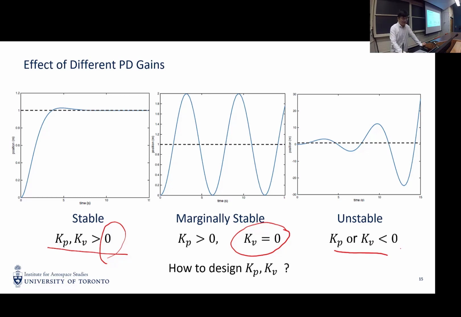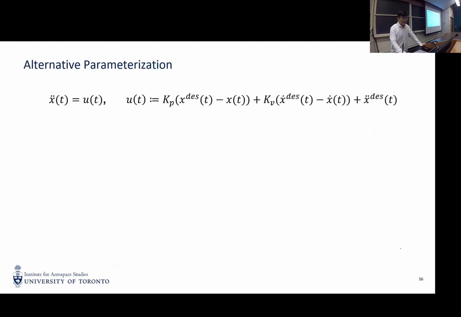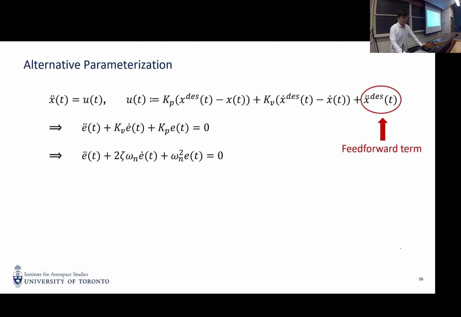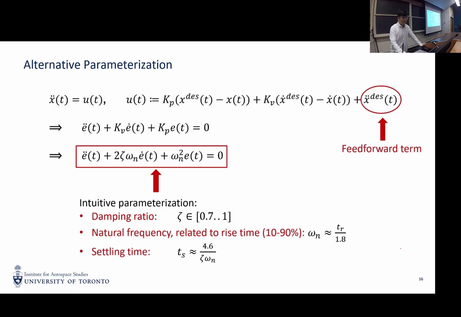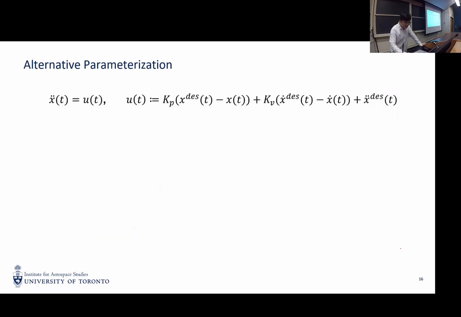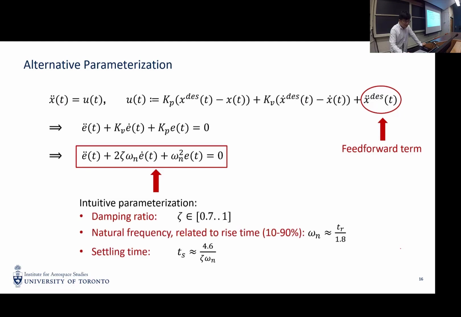So how do we design such a KP and KV? What we can do is use some kind of parameterization. In linear system theory, we have something called a damping ratio and a natural frequency. For a system, we want to pick the damping ratio, for example, between 0.7 and 1.